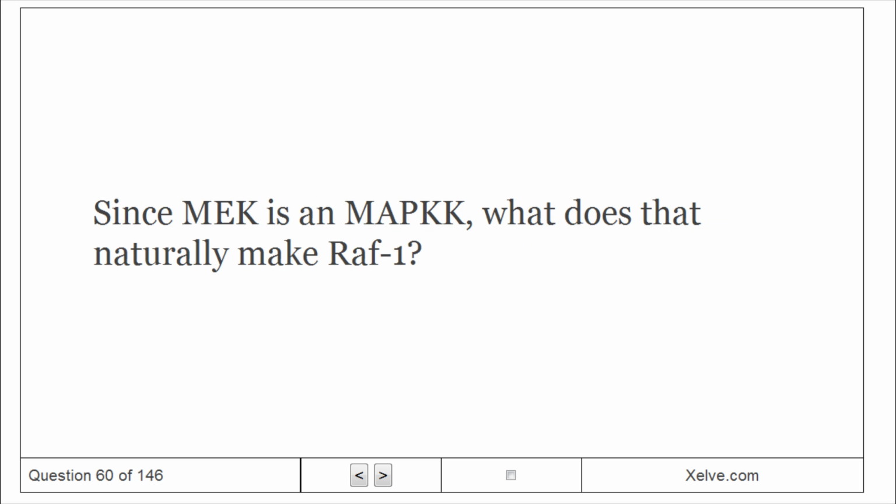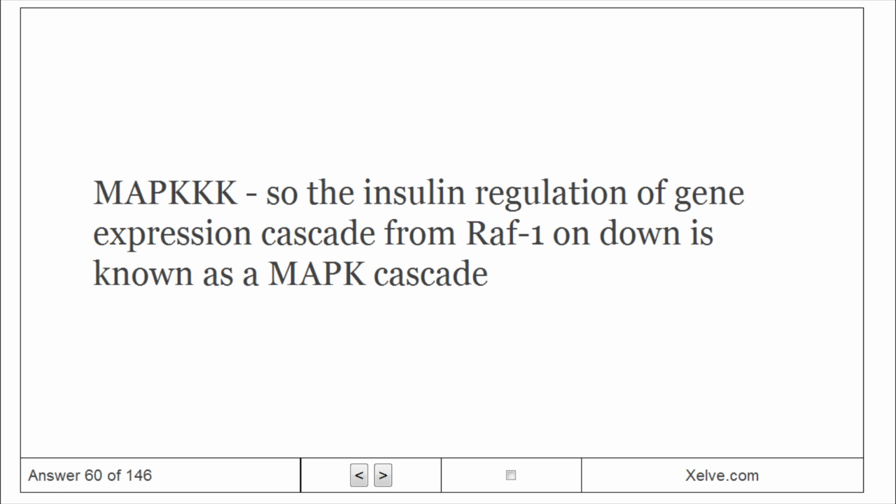Since MEK is a MAPKK, what does that naturally make RAF1? MAPKKK, so the insulin regulation of gene expression cascade from RAF1 on down is known as a MAPK cascade.